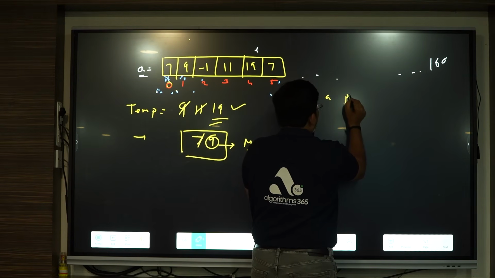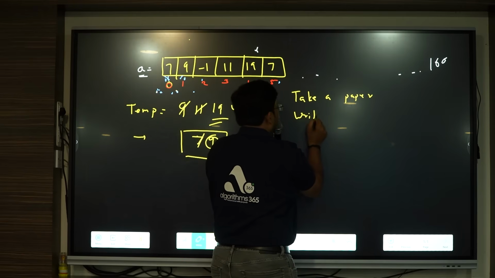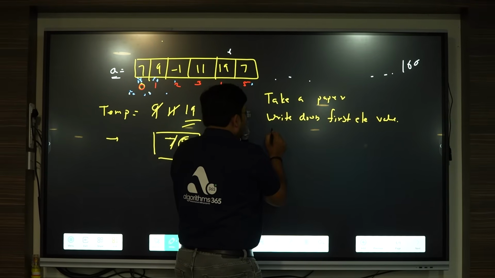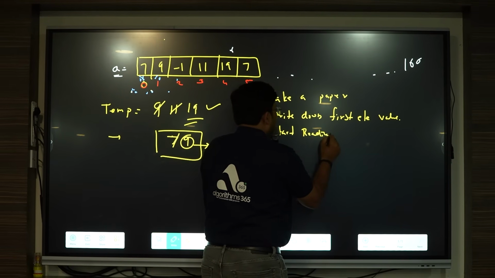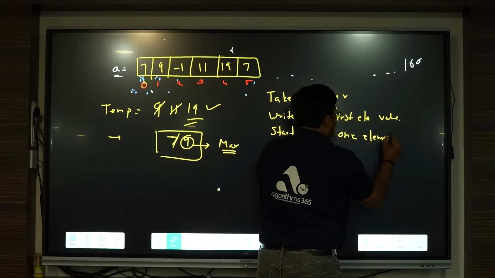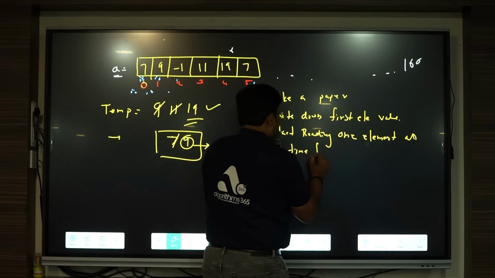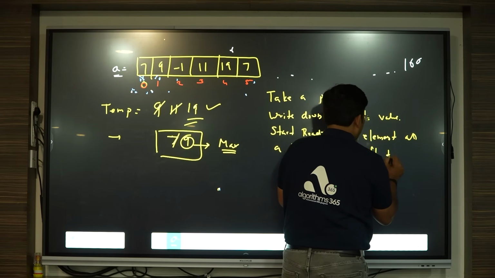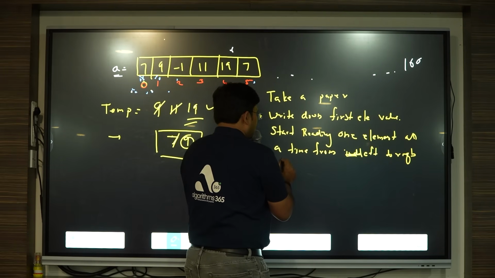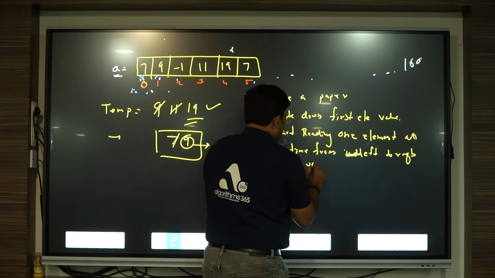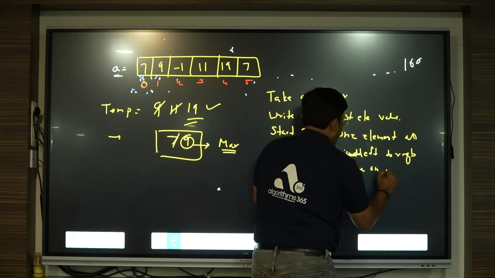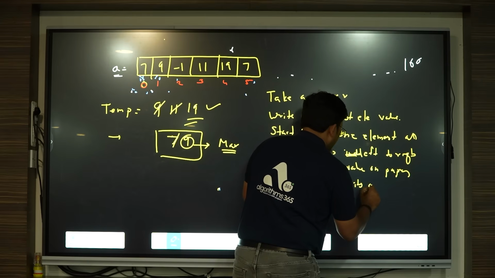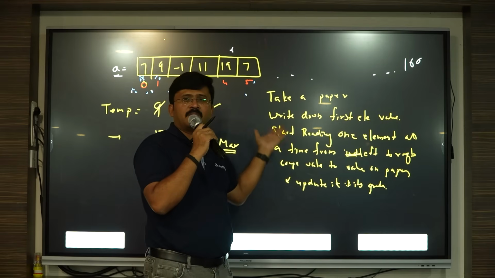Take a paper, write down the first element value, start reading one element at a time, from index, from left to right, and compare the value to the value on paper and update it if it's greater.